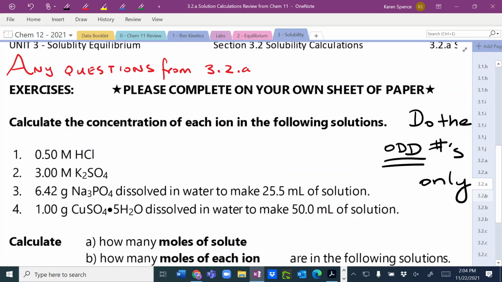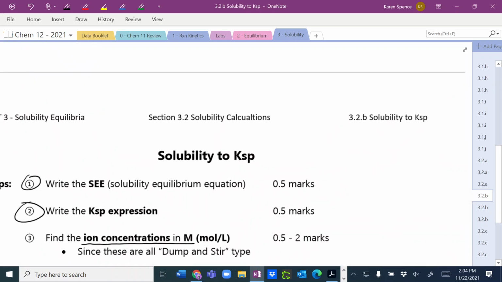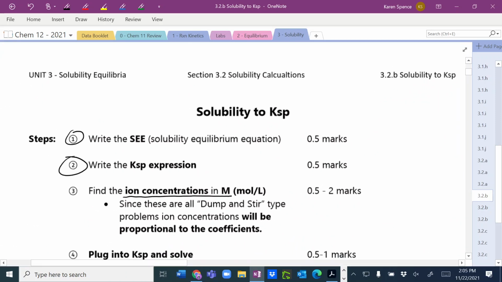Did anyone have any questions from 3.2b? Going from solubility to Ksp. I'll let you know right now that number 4, the answer key was wrong.